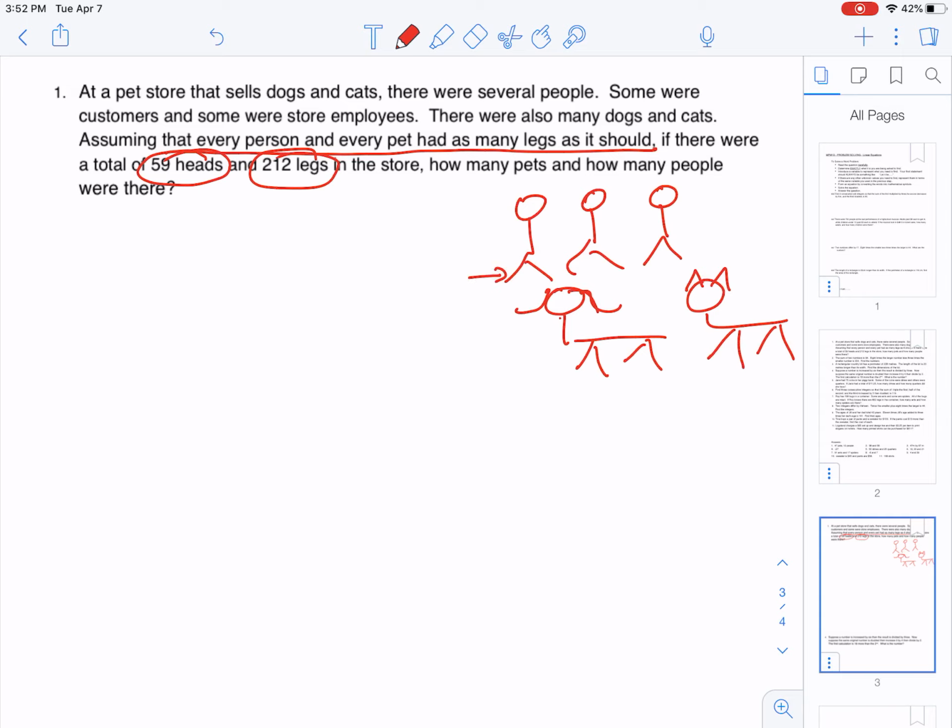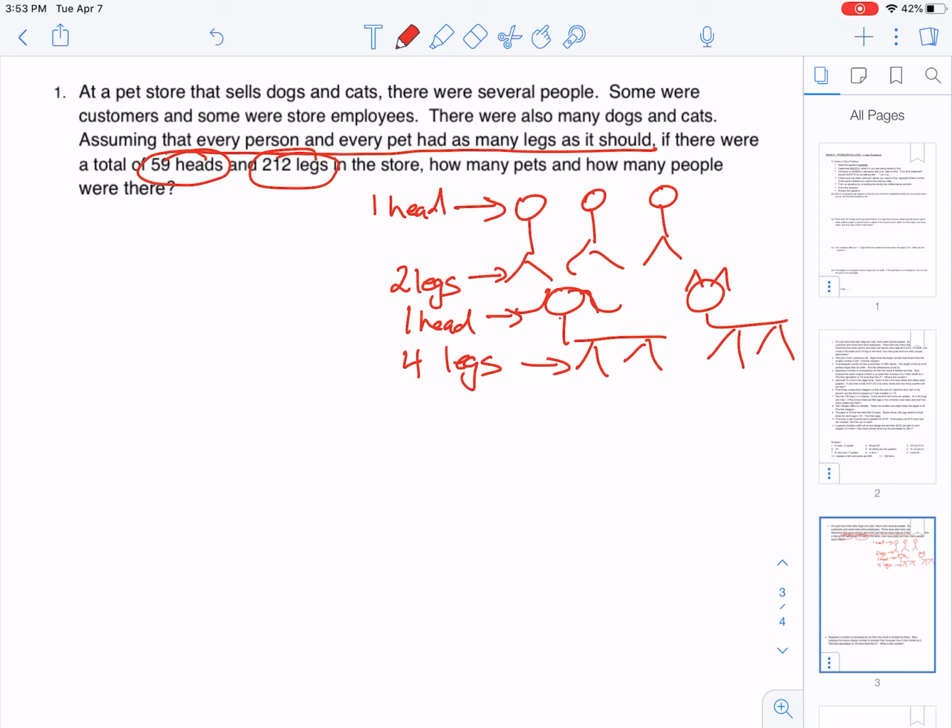Well, every person, if they have as many as they're supposed to, they each have 2 legs. And they each have 1 head. All right, now for dogs and cats, though, they each have 1 head, and they each have 4 legs.